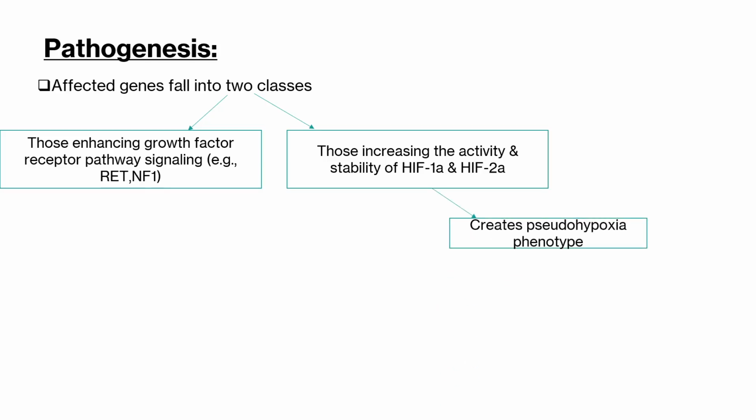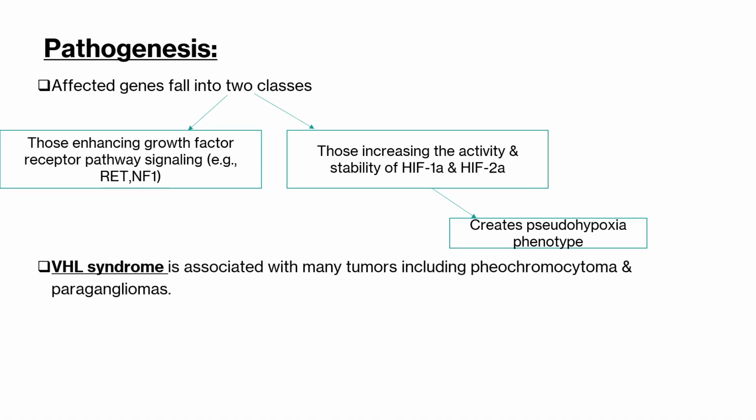And this creates the pseudo-hypoxia phenotype that we see in the later slide. Where VHL syndrome is associated with many tumors, and this can be taken as an example of a familial tumor syndrome, where pheochromocytoma and paragangliomas are very common to occur in case of VHL syndrome.